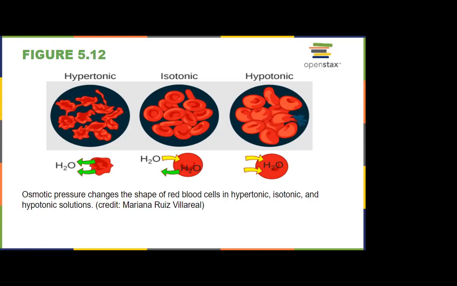So cells have different ways of reacting to those tonicities, right? This idea of osmoregulation, like how cells account for the effects of this, is what we're going to discuss next. So if you put a red blood cell into a hypertonic solution, according to the diagram, and using your knowledge of diffusion and osmosis, what would happen to those cells? Yeah, those sure do look shriveled.